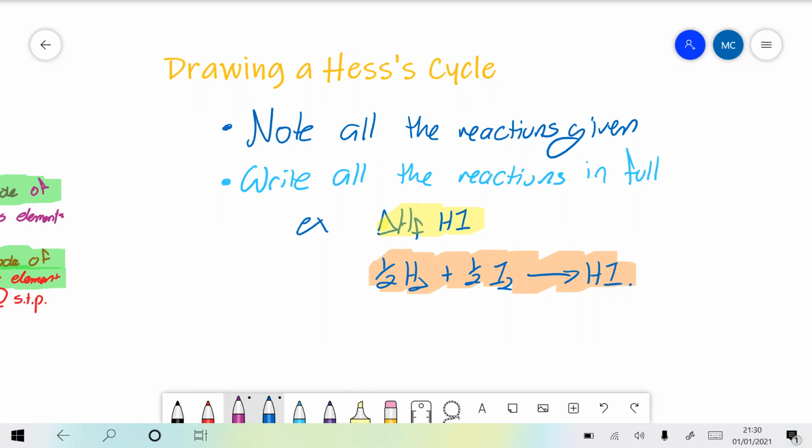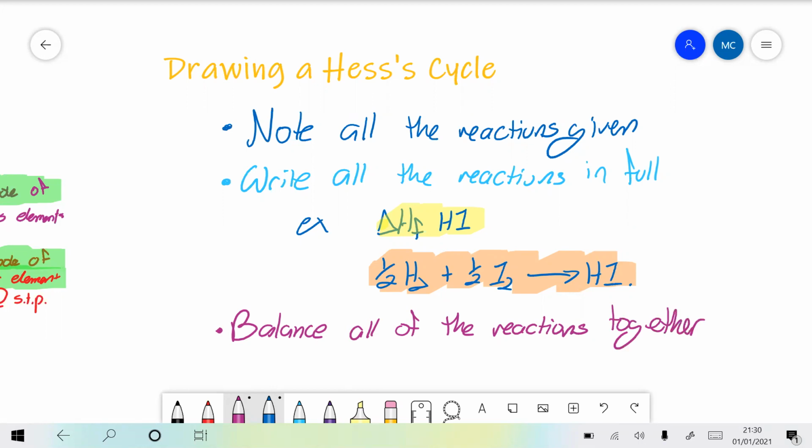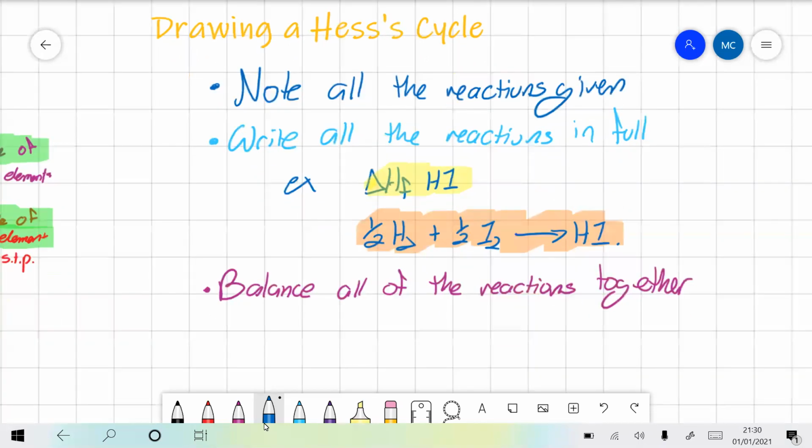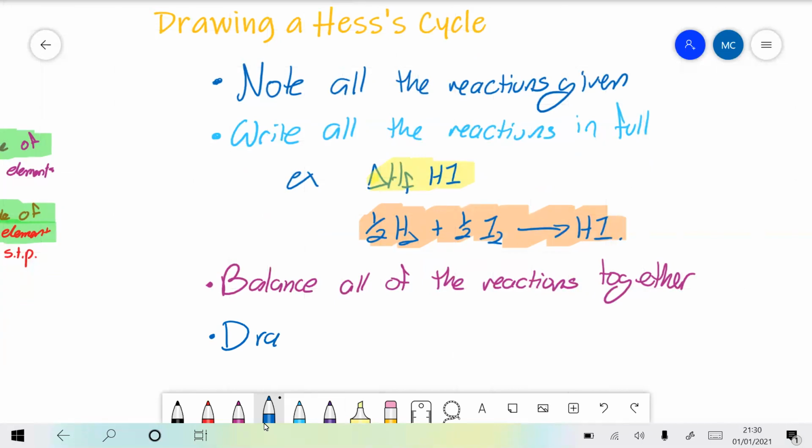Once you have noted down all the reactions, balance all of the reactions together. And the last step would be to draw the cycle and find out your unknown value.